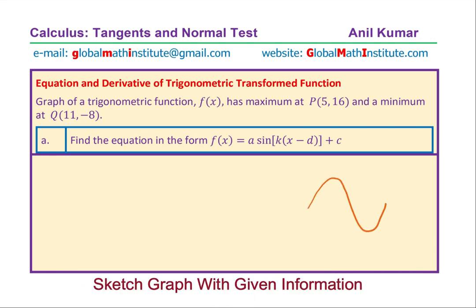Okay, we're given the 2 points, the maximum at P and minimum at Q. So this point P is at (5, 16). And the minimum Q is at (11, -8).